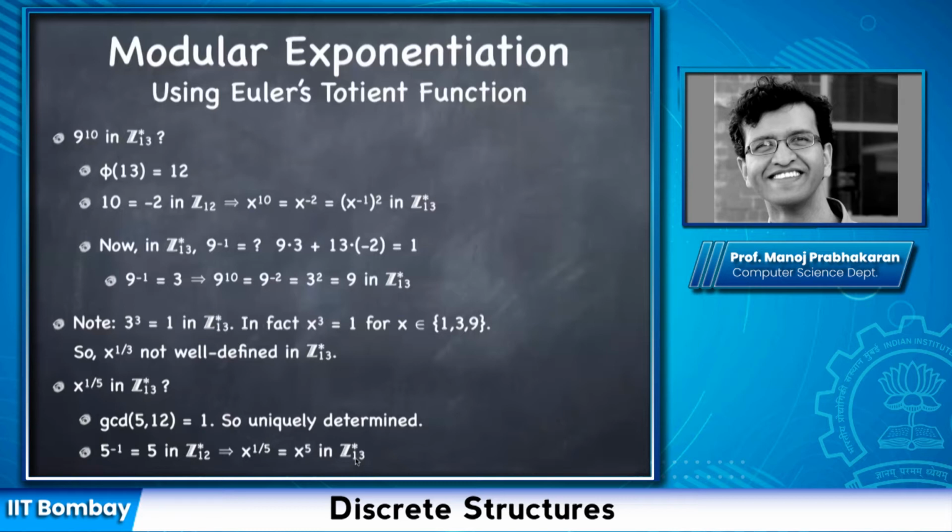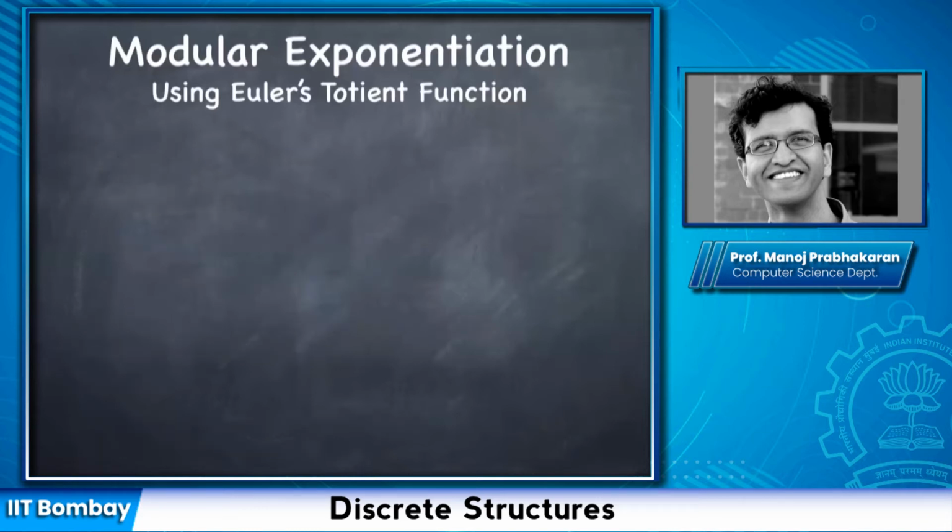All right, so let's go for a slightly more complicated case. In the previous example, Z13 star, 13 was a prime. Let's consider something a little more complex. Suppose m is not a prime. m is a product of two numbers, in this case p and q, which are co-prime with each other.